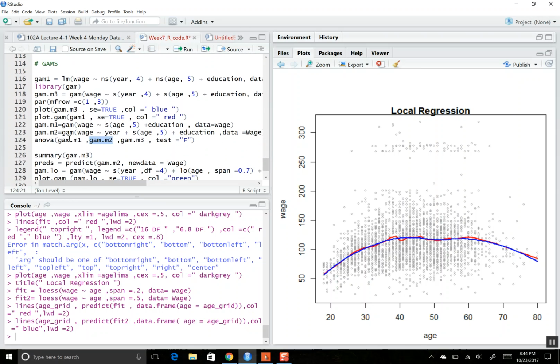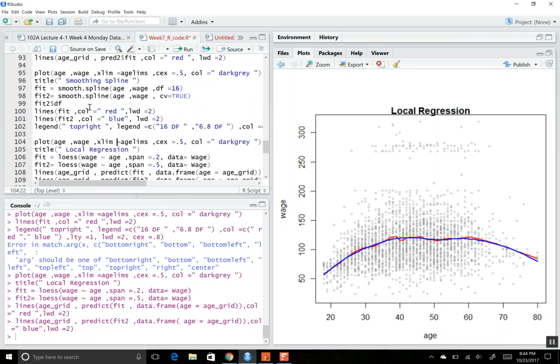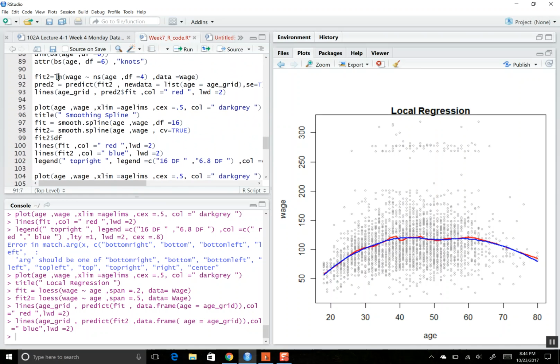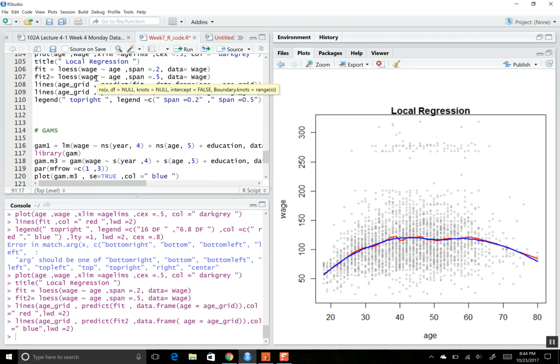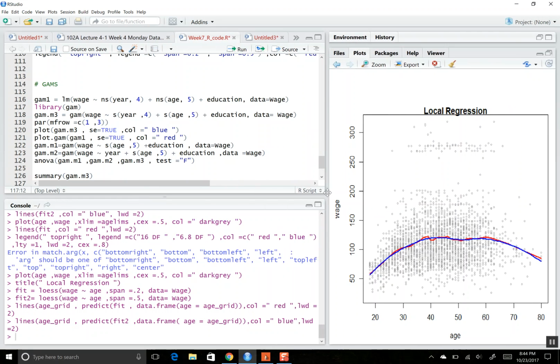Okay, so all of these things we've been fitting using a linear model between wage and some kind of spline. With a generalized additive model, we can do it a few ways.